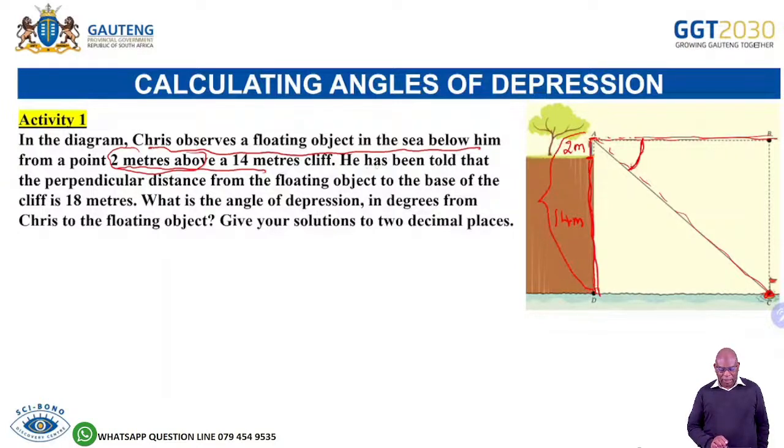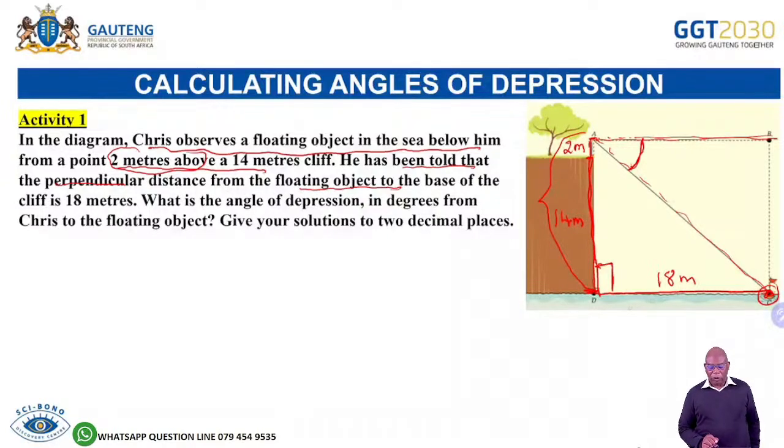Now it says he has been told that the perpendicular distance from the floating object to the base of the cliff, obviously the cliff is perpendicular to that, is 18 meters. So this is the object, that is the base of the cliff, and the perpendicular distance there will be 18 meters.